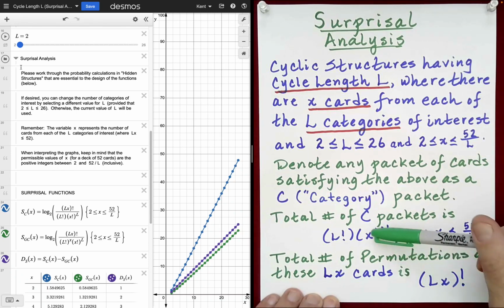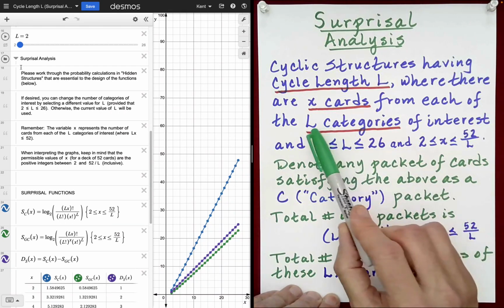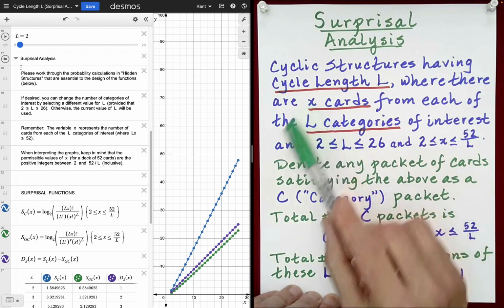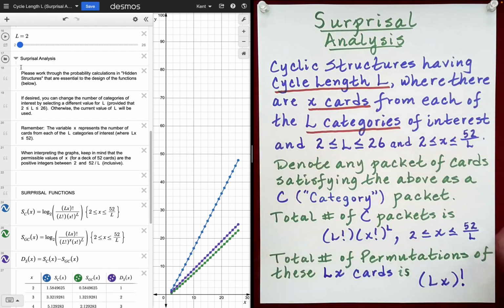So given these two expressions here, we can now find the probability that a packet of L times x cards, in which there are x cards from each of the L categories, is randomly mixed and then found to have a perfectly cyclic structure relative to these L categories. Okay, so that's what we'll find next. The probability that that would happen by chance alone.